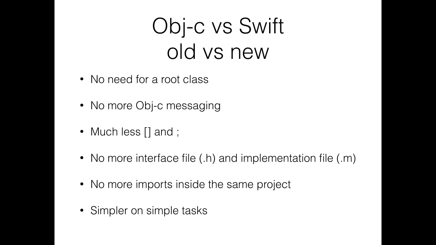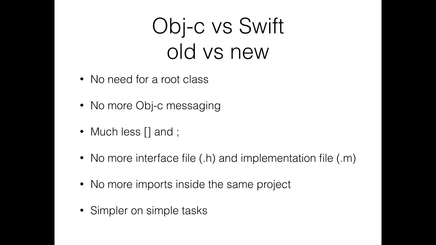Semicolons, yeah. Another thing that is really notoriously different is that in Objective-C you have the interface file and the implementation file, the .h and .m, and now in Swift you only have the .swift file and everything is there. No more importing inside the same project. Swift uses namespaces, which means that you don't need to import classes that live in the same project anymore.